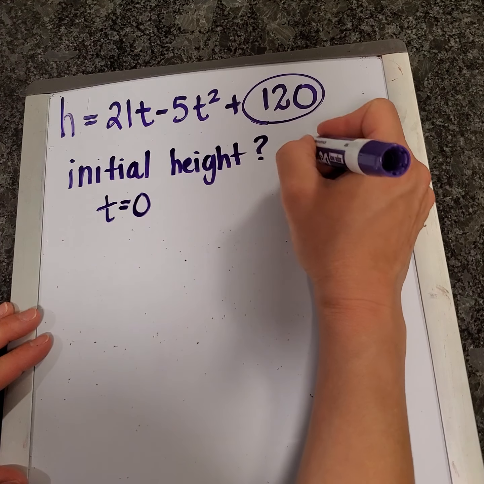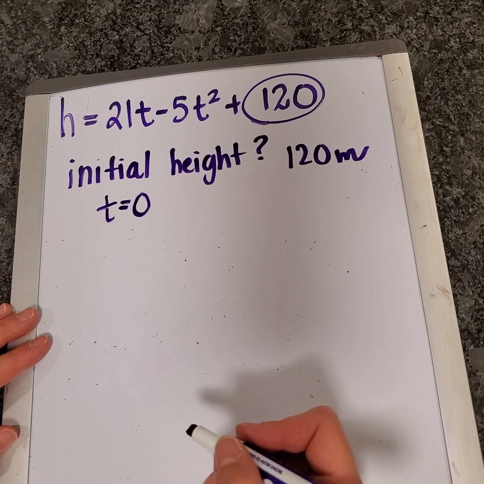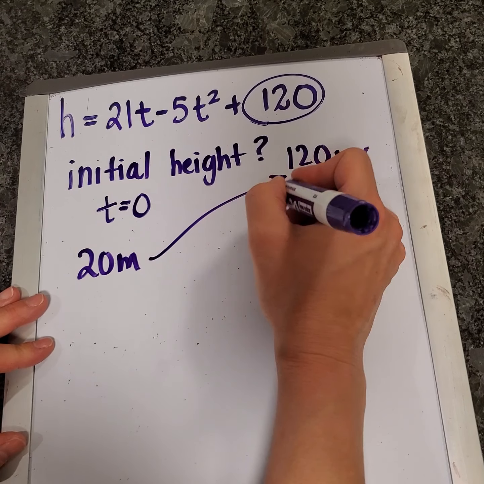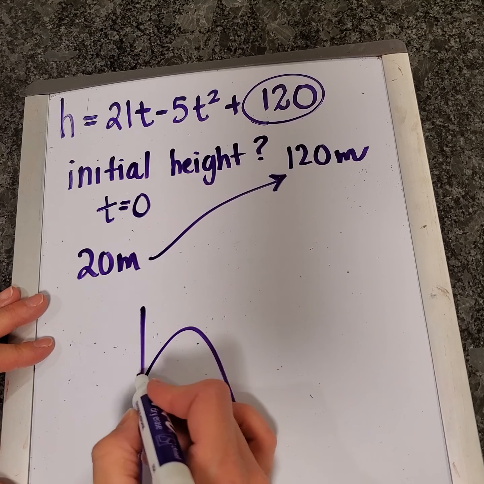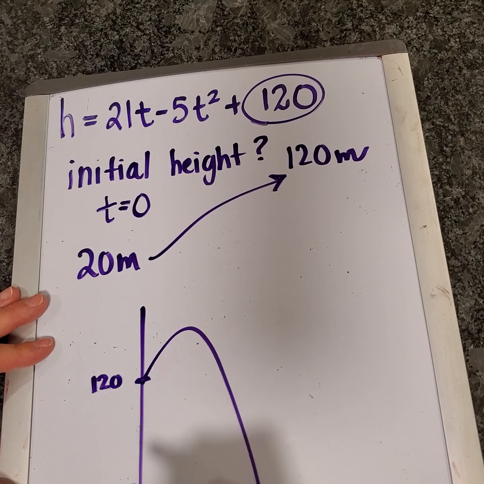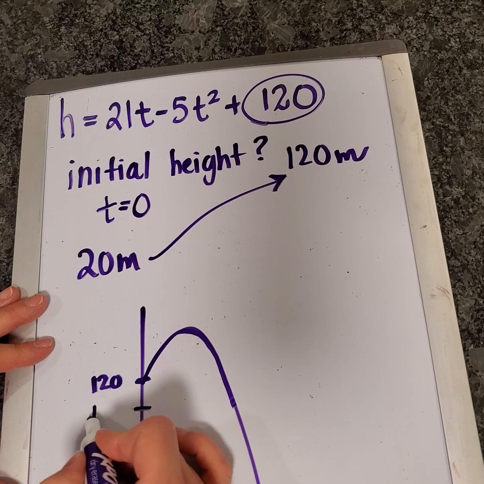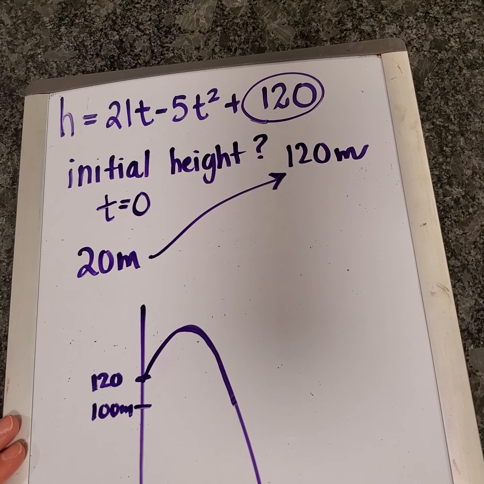So if the initial height was 120 meters, we want to know how long it took for it to fall 20 meters from its initial height. So we've got this cell phone, started out at 120 meters. We want to know how long before it reaches a height of 100 meters.